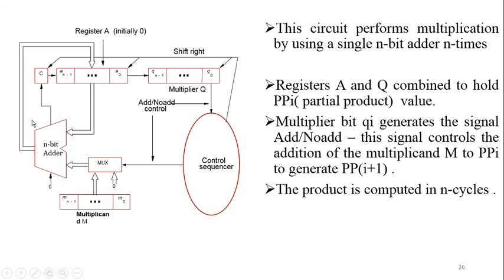Repeat this procedure n number of times because both the multiplier and multiplicand are n bits in length. So repeat the procedure n times, and finally this AQ array combination indicates the final product value.